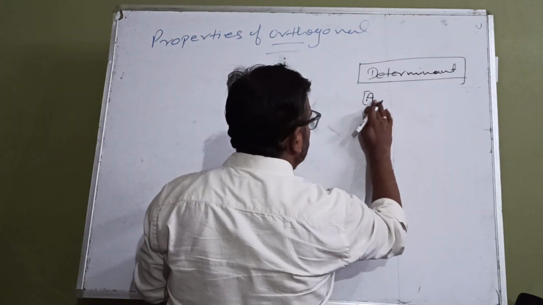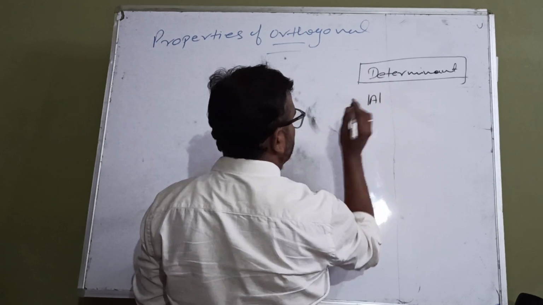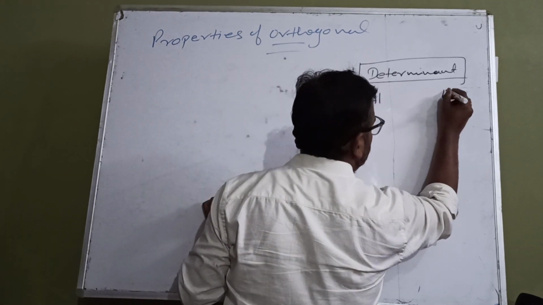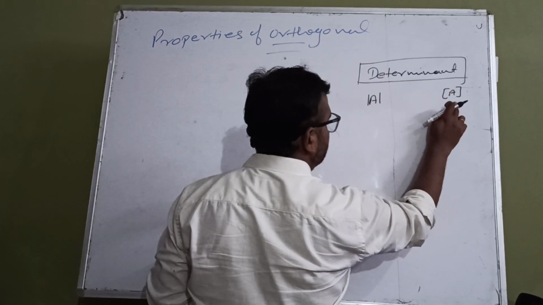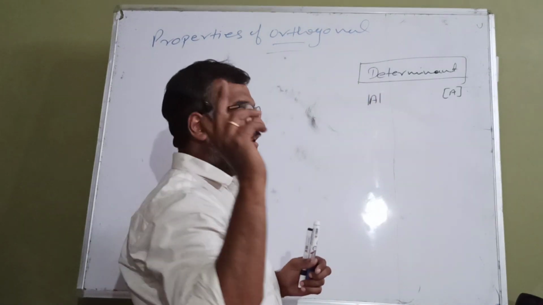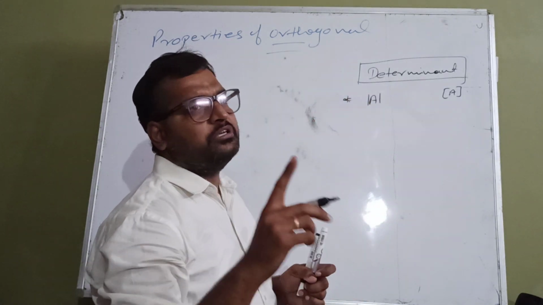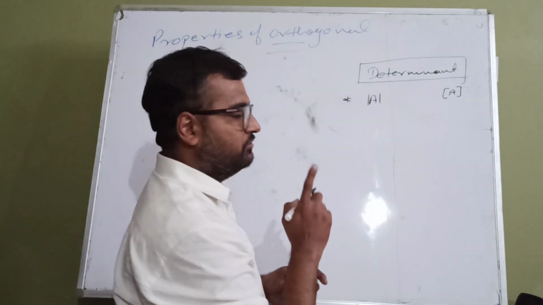So if A is a square matrix, then the determinant of A is denoted by this sign. This is the representation of a matrix, and this is the representation of a determinant. The very first important point to keep in mind: determinant is always calculated for a square matrix.